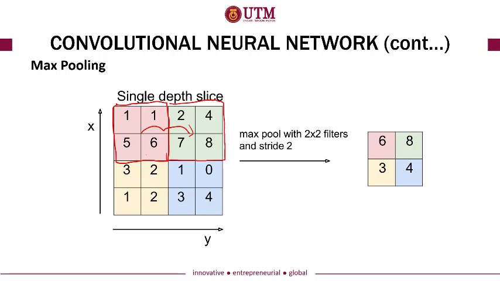Among these points, which one is the maximum? Of course it should be 6, going into that point as the output. Among these values, which one is the maximum? Of course it should be 8, so you have that as the output. You repeat that until you finish, and it will produce a 2 times 2 output matrix.